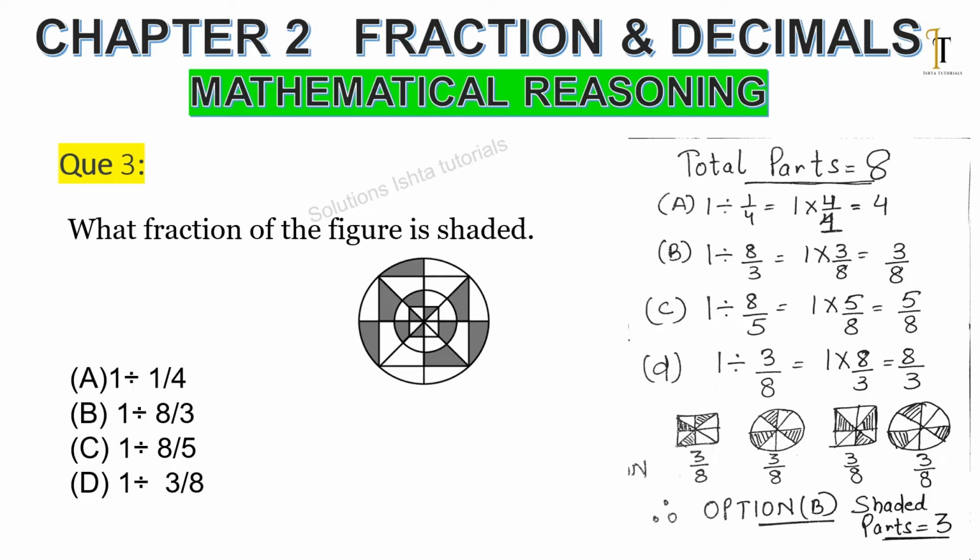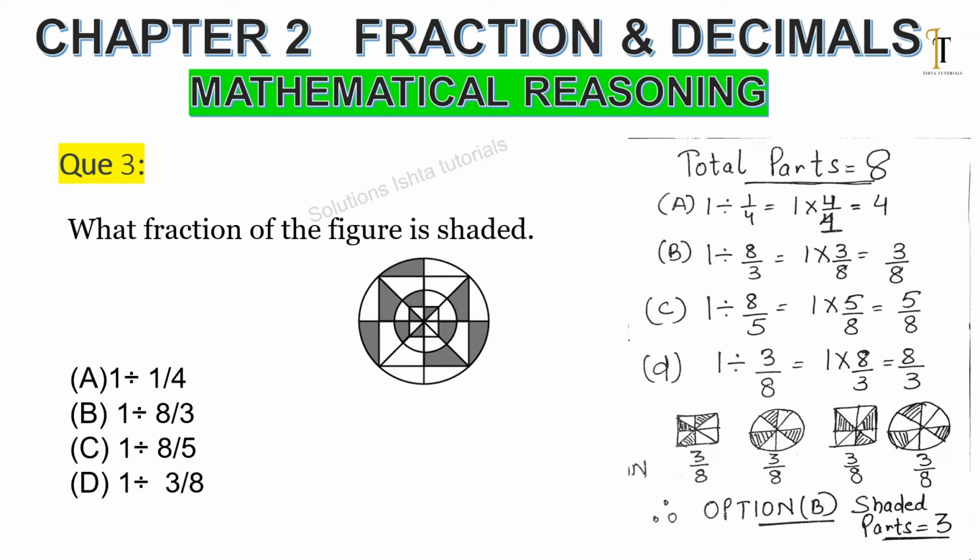Here 1 divided by 1 by 4. When we convert divide to multiplication, we get the final answer 4. Similarly with the other options like 3 by 8, 5 by 8, 8 by 3. Now let's try to eliminate the incorrect options. In A we have 4 but we need a total of 8 parts, so A is eliminated.